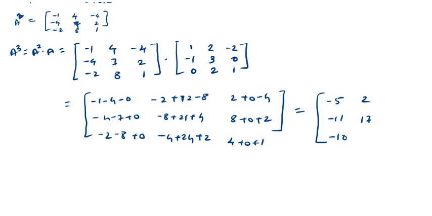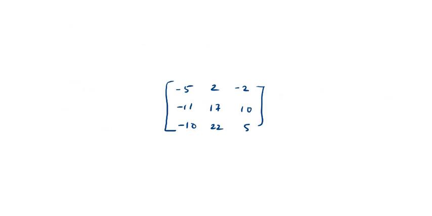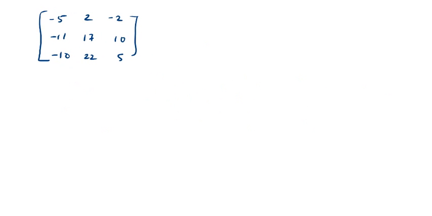Then 24 minus 2 is 22, then minus 2, 10, and 5. So finally we got this matrix as our matrix A cube.